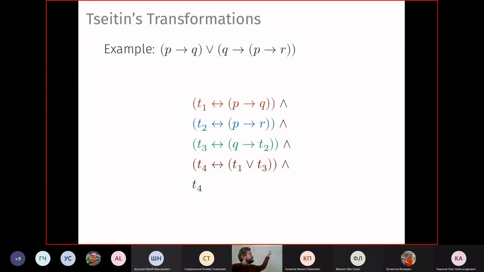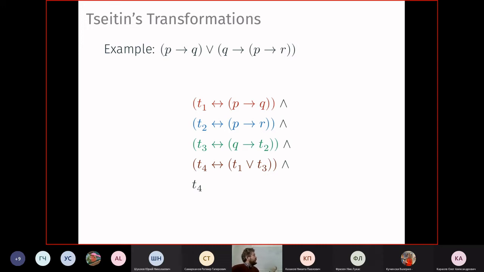And vice versa. Suppose you can satisfy the lower one. What does that mean? There is a satisfying assignment, and it assigns some values to P, Q, R, and also it assigns some values to these Ti's. And we just take its sub-assignment only to P, Q, R, and we claim that this is going to be a satisfying assignment for the formula on top. Again, why?